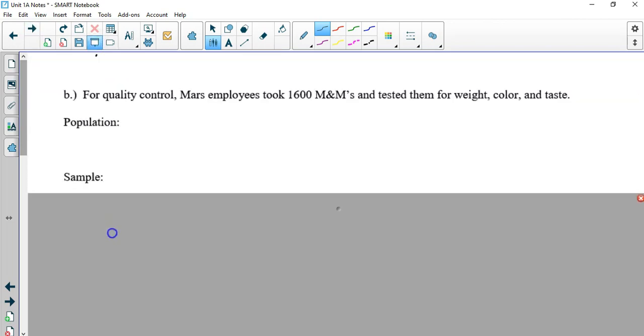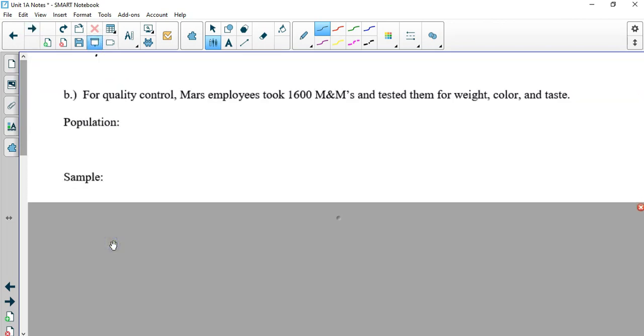All right. For quality control, Mars employees, not the planet, the company, Mars employees took 1,600 M&Ms and tested them for weight, color, and taste. So again, let's think backwards. Maybe it'll be easier if we go that way. So we're talking about 1,600 M&Ms. That's how many we took. That's how many were evaluated.